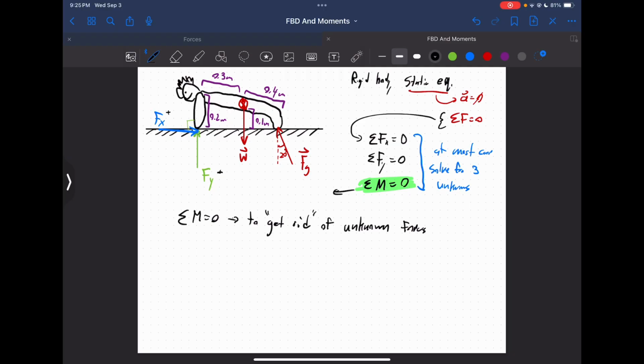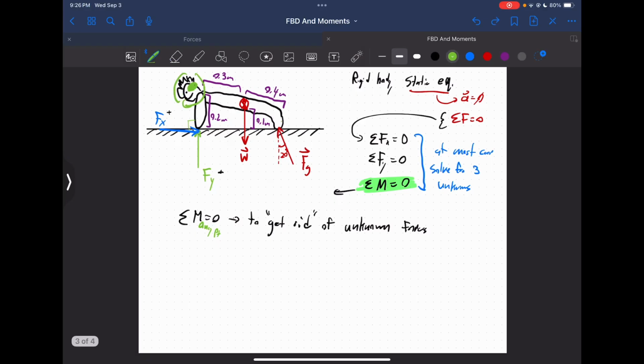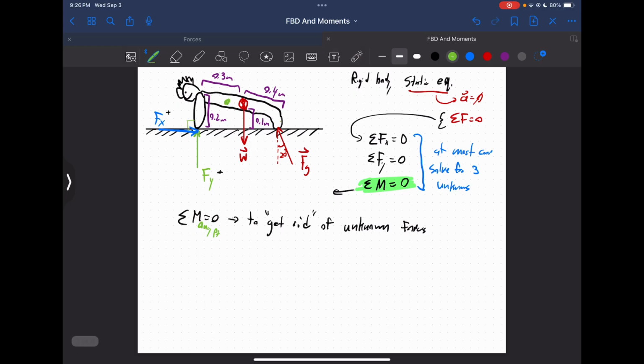Well, the main thing is that it's a sum of moments around any point. Any point. You can only use it once, but you can use it around any point. Why? If I choose this point on Jimothy, is he rotating around this green dot here? No, he's not rotating around that dot. If I choose up here, is he rotating around like his neck? No, he's not rotating in either direction around his neck. If I choose here, he's not rotating.